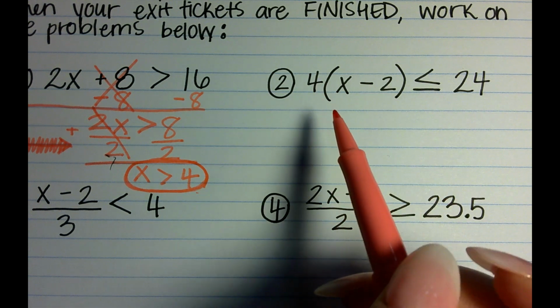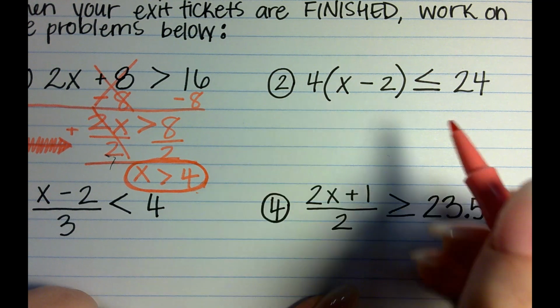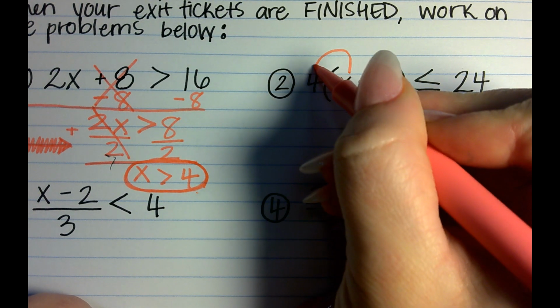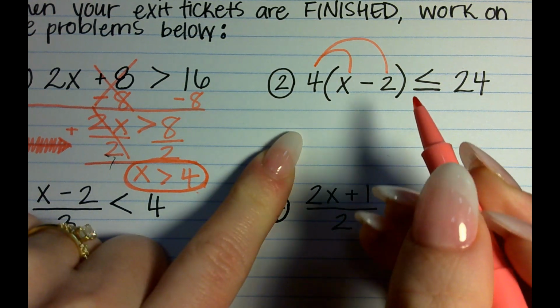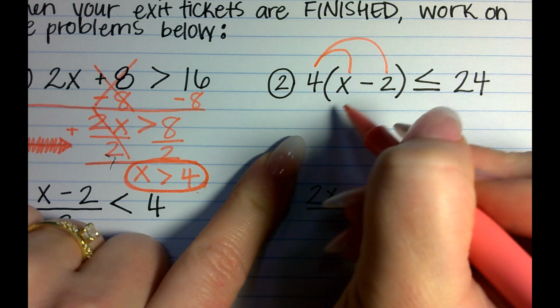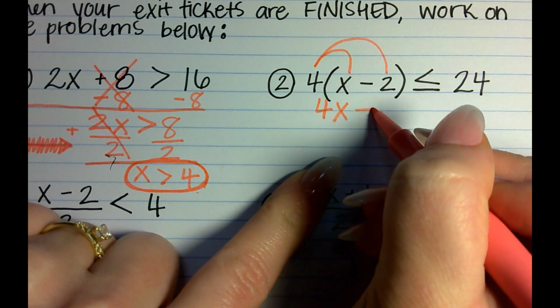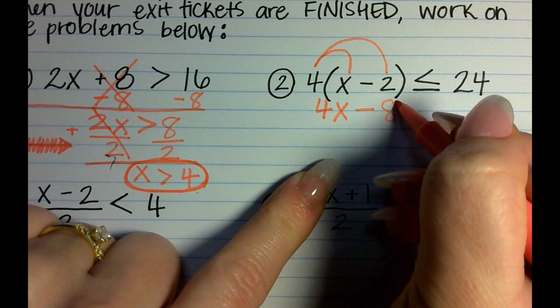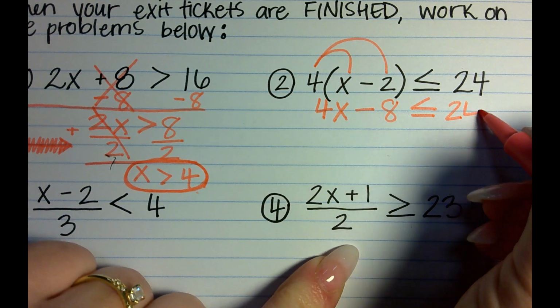Michelle? How do we do it? I distributed 4 times x. Okay. And 4 times minus 2. Perfect. So 4x, then minus 8. And I'll bring everything else down. Less than or equal to 24.